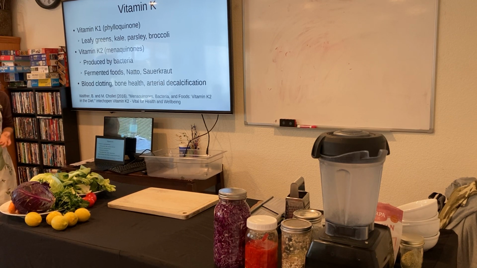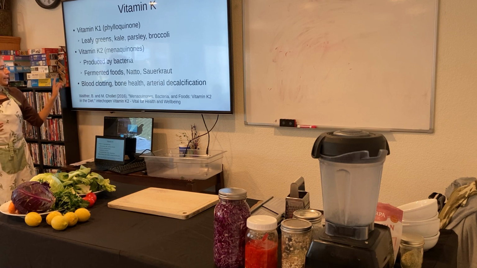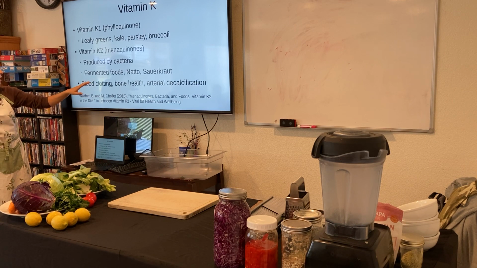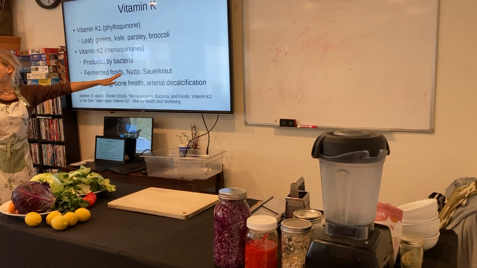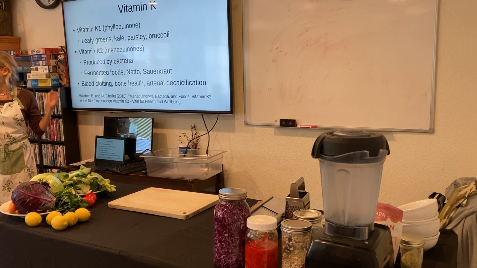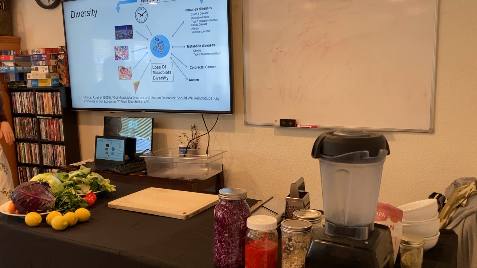Fermented foods, since they have a lot of bacteria, contain vitamin K2. Fermented foods like natto and sauerkraut, natto has the most vitamin K2. Vitamin K2 is very important for blood clotting, bone health, and also for arterial decalcification.